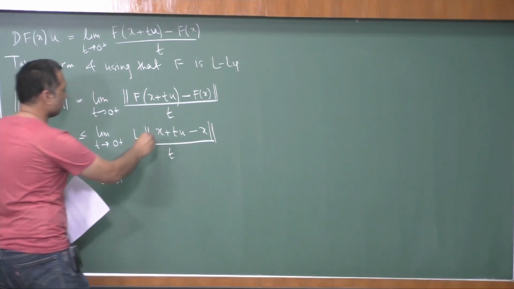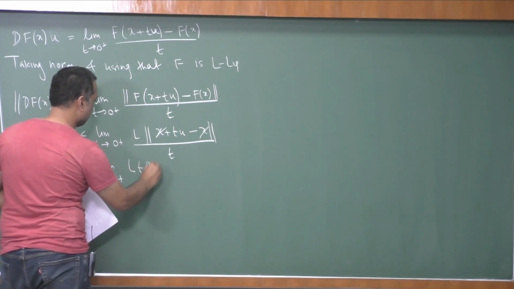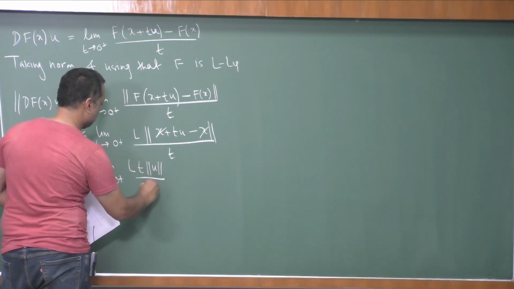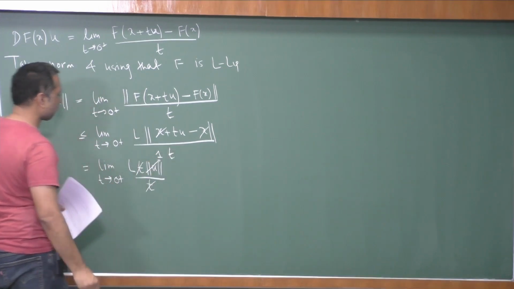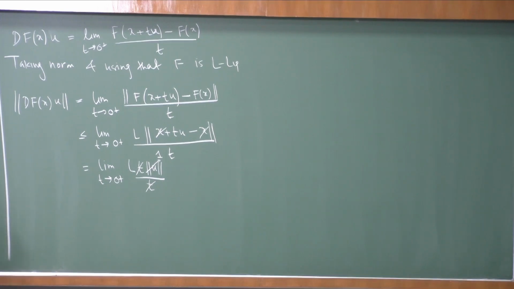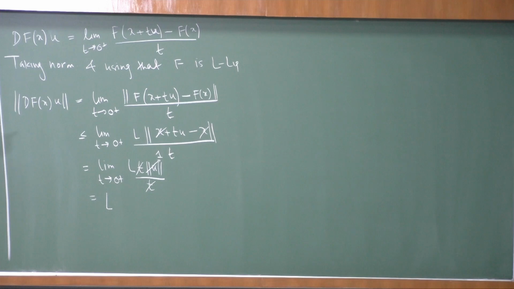So x goes away, t comes out, so I have L t norm of u by t, t goes away, and this is 1. So eventually we have L. So what we have proved is that df u is less than or equal to L, and this is what we were supposed to prove. So this is less than or equal to L now, right.